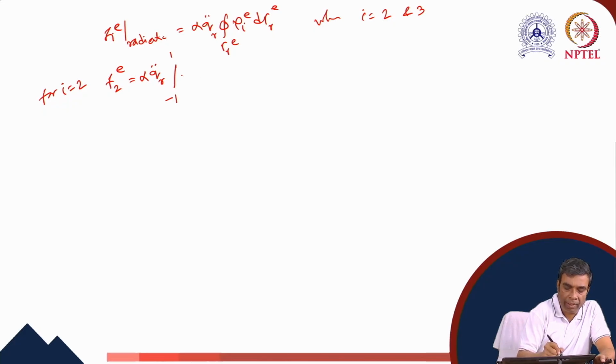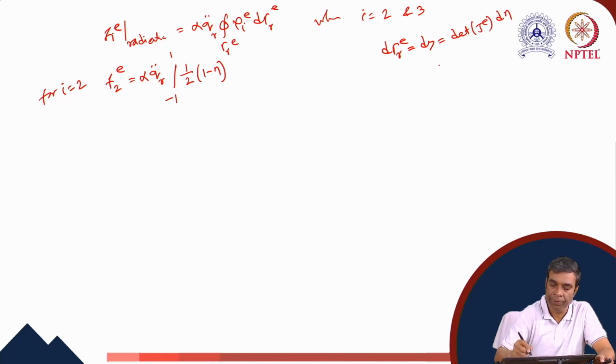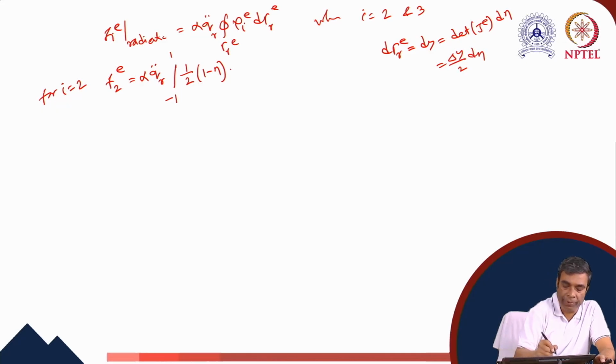Then the shape function is half of 1 minus eta, and d gamma_R^e, this is dy. d gamma_R^e equals dy equals determinant of the Jacobian matrix times d eta equals delta y by 2 times d eta.